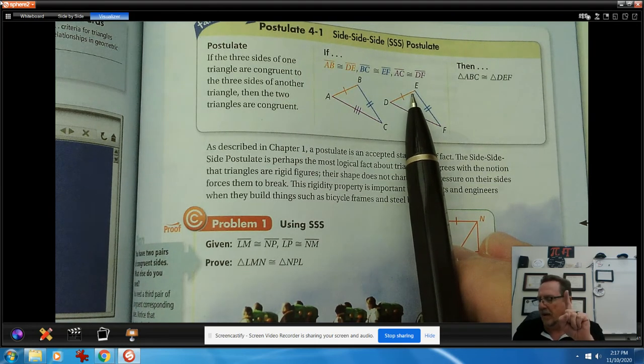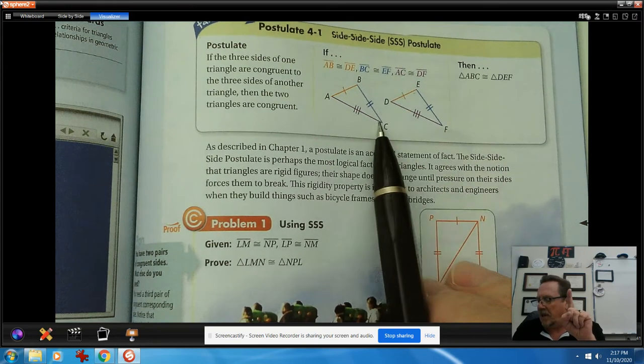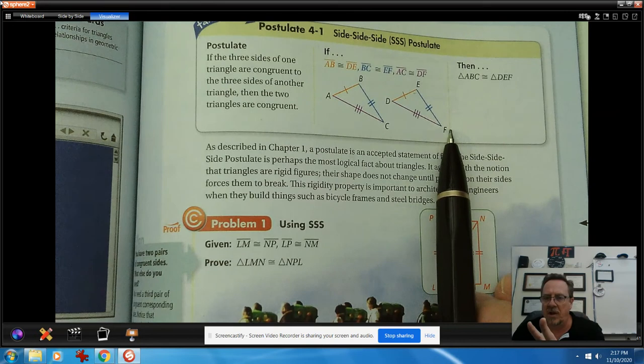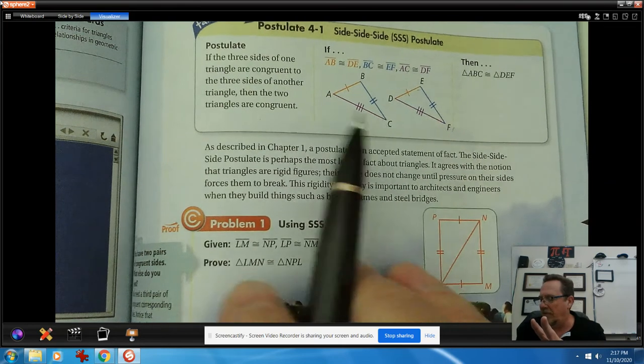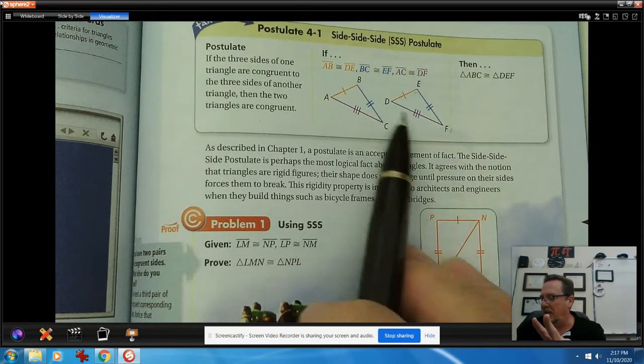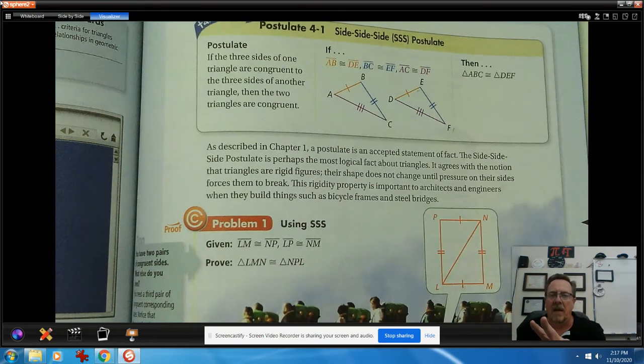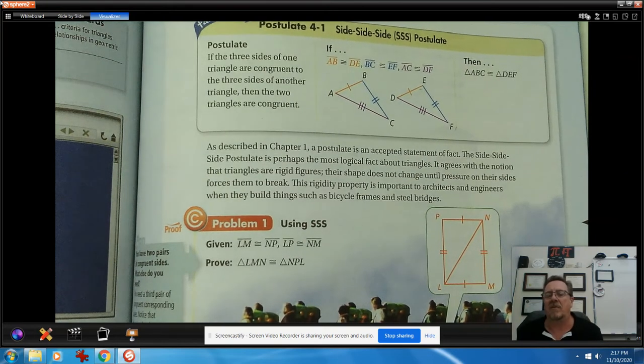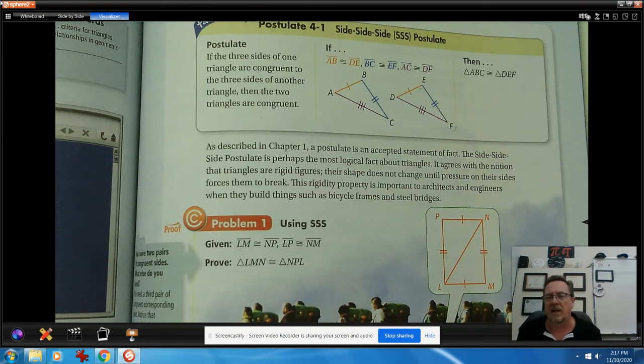Then we have side BC congruent to side EF, so now that's 2 sides of one triangle congruent to the corresponding 2 sides of the second triangle. And finally, side AC is congruent to side DF. So now we have side, side, side: all 3 sides of the first triangle congruent to all 3 sides of the second triangle.